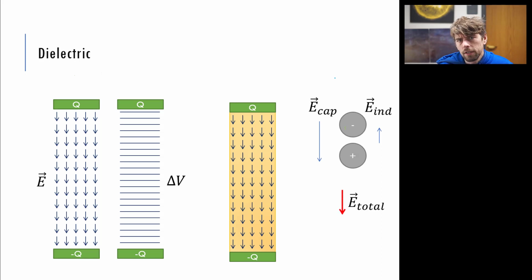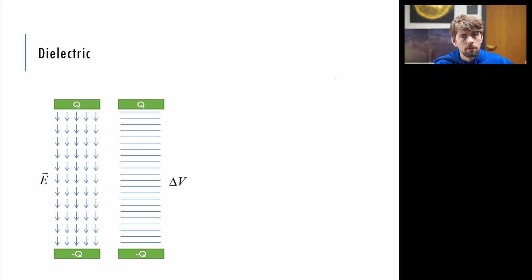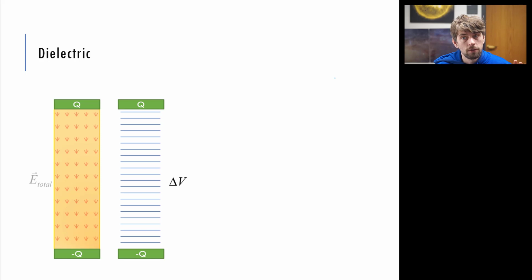Now, incidentally, notice that the net electric field has decreased. It is smaller than the electric field of just the air-filled capacitor. Well, what does that mean? When we insert the dielectric, the overall electric field decreases. And if I'm thinking about the potential difference between the plates, does it increase or decrease? Yeah, good.